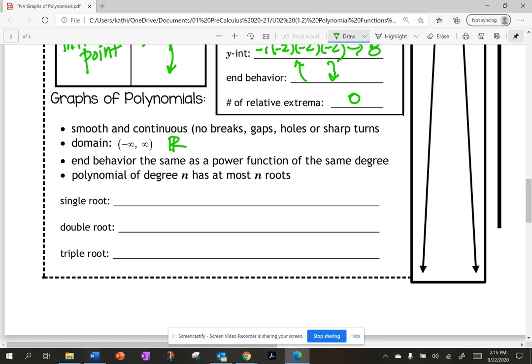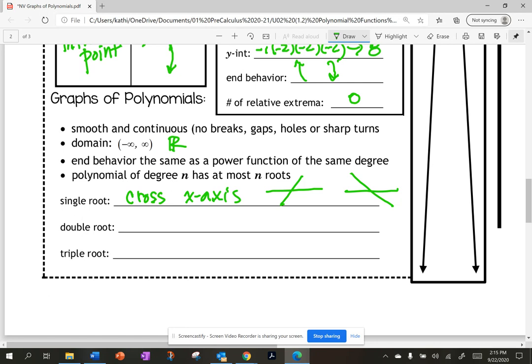So for a single root, that means I'm going to cross the x-axis. Okay, so it doesn't matter. I can cross it from negative to positive or positive to negative.